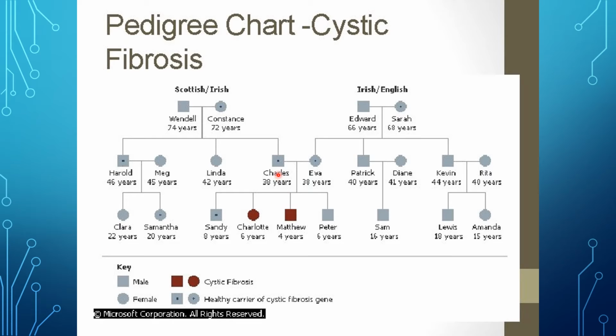Since Charles had children with someone who was also a carrier of the mutated gene, 2 of their children developed cystic fibrosis. Harold is also a carrier of the disease, just as Charles, and yet his daughters do not have CF. This is due to the fact that he had children with someone without the mutation.